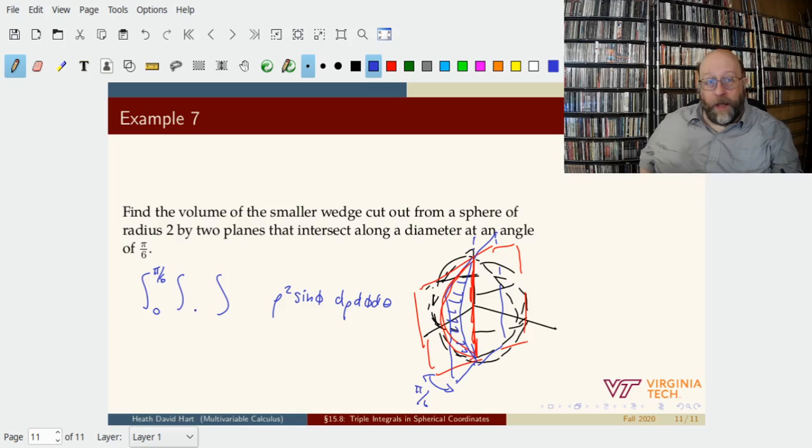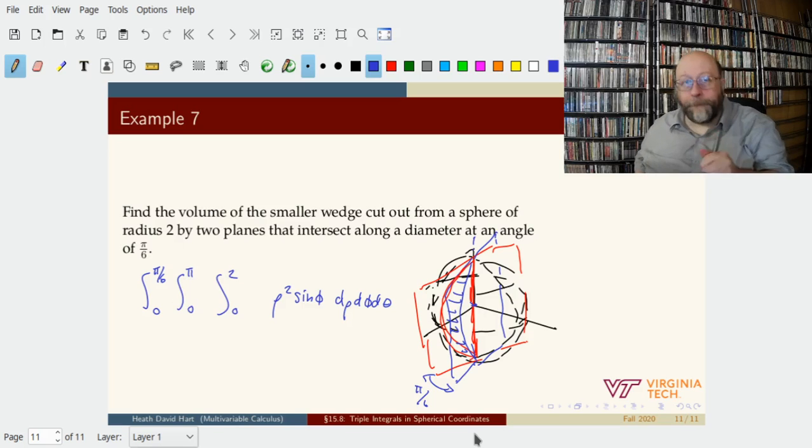And so phi is going to go from 0 to pi, and the radius goes from 0 to 2 along this apple slice. We want to go from the origin out to the edges of wherever that slice is. And then if we integrate that, we'll have the volume we're looking for.